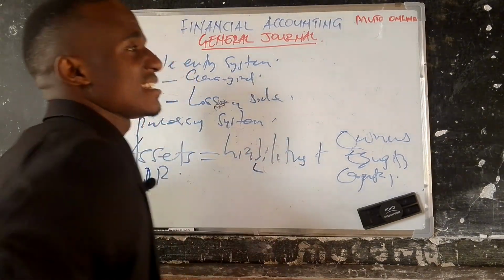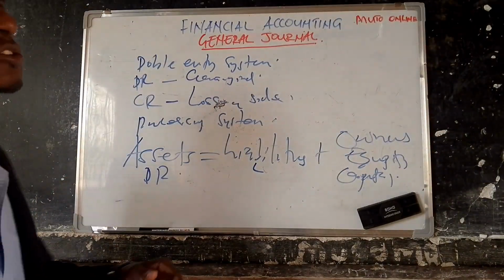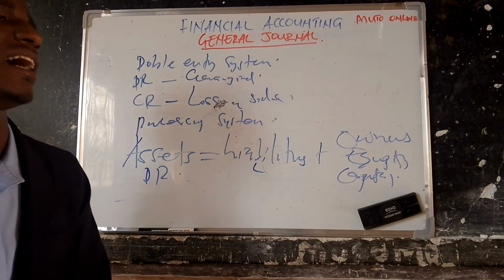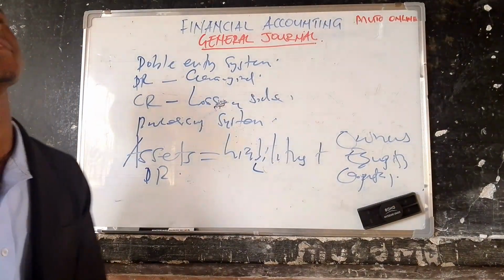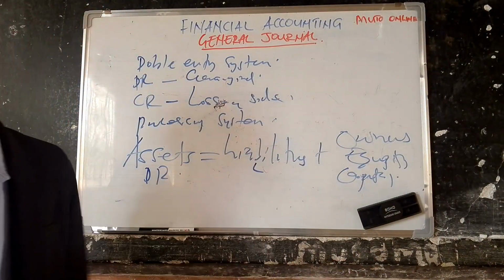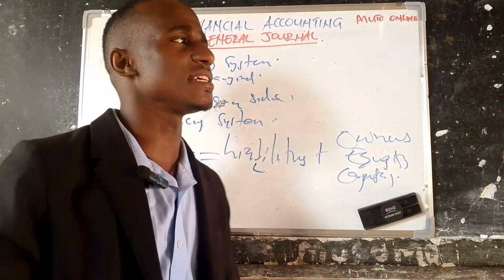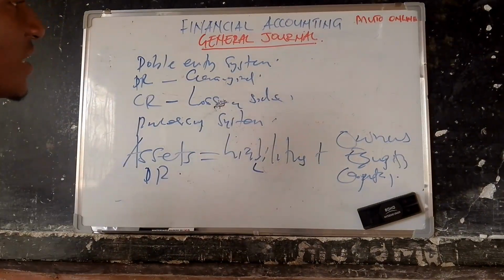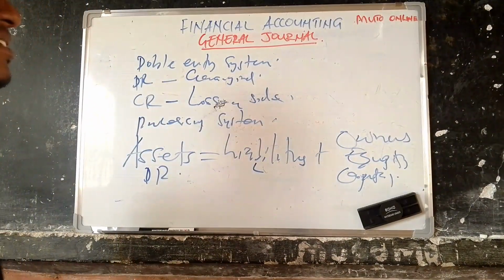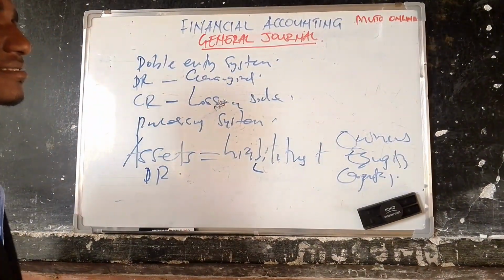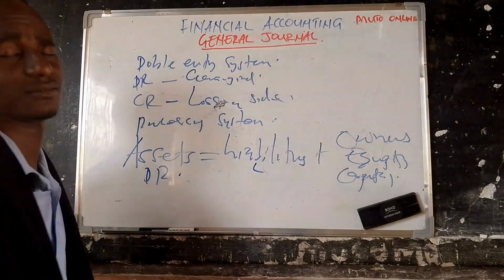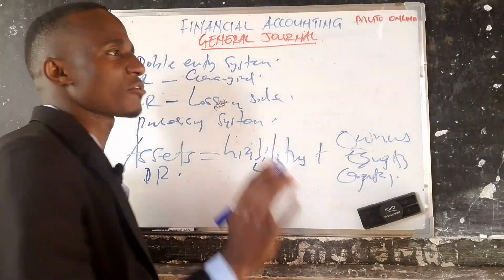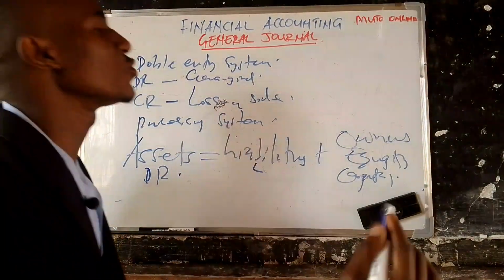Then liabilities, these are financial obligations that a company owes, or in simple details, these are transactions that a business spends on. Then owner's equity is simply what we call the working capital of the business. Under the process of the double entry system, all assets are debited and liabilities are credited because they make the business lose.